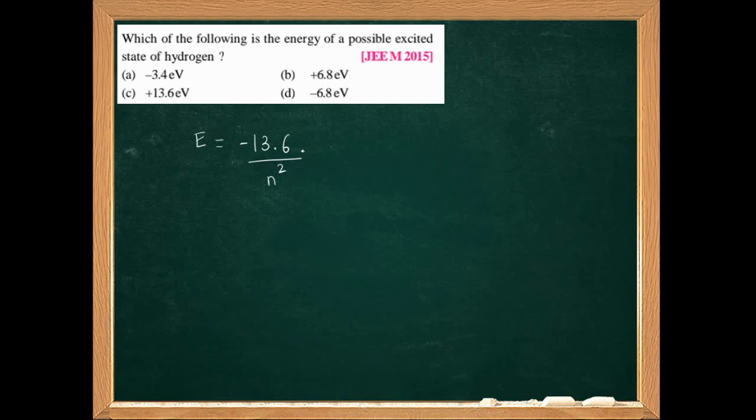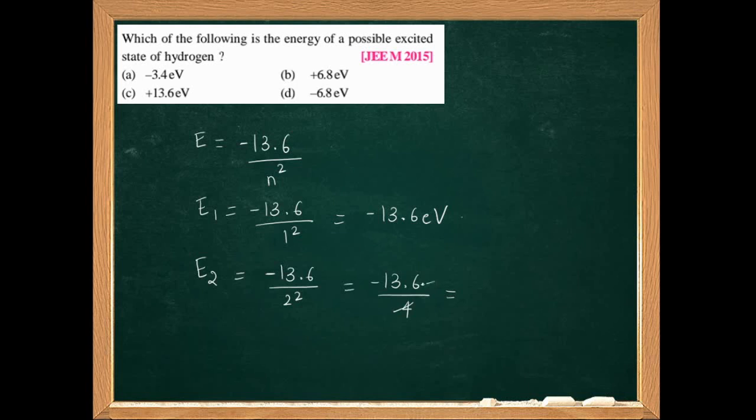So n equal to 1 is for the first level. E1 is minus 13.6 upon 1 square, which is minus 13.6 electron volt. Now for E2, this will be minus 13.6 upon 2 square, which is minus 13.6 upon 4, so this will be minus 3.4 electron volt.